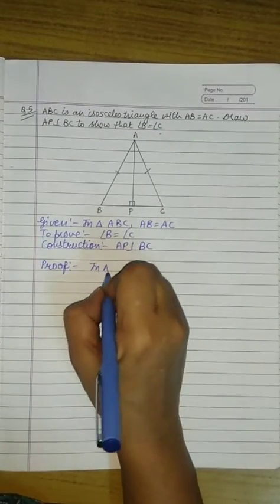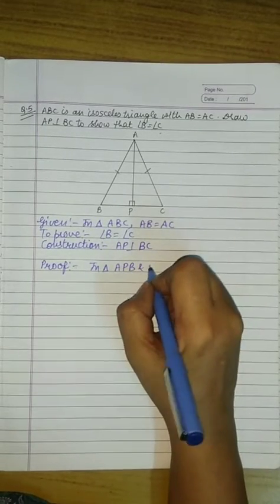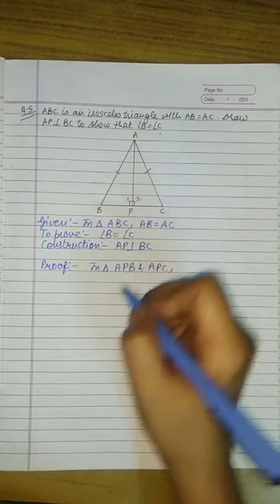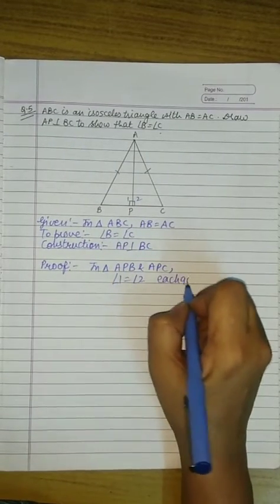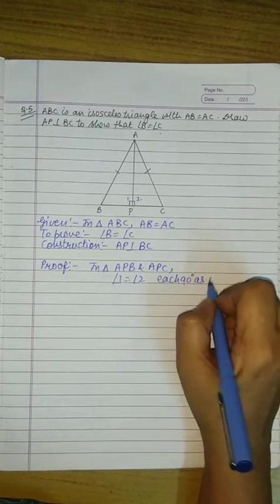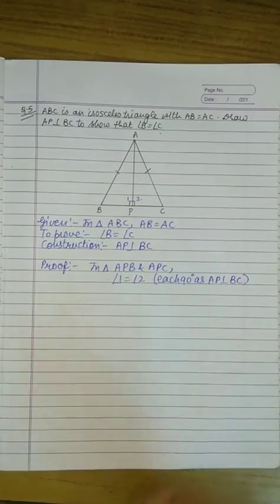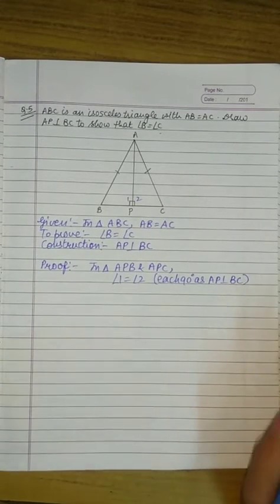In triangle APB and triangle APC, in these two triangles, angle 1 is equal to angle 2, each 90, as AP is perpendicular on BC. By construction we have done AP perpendicular on BC.